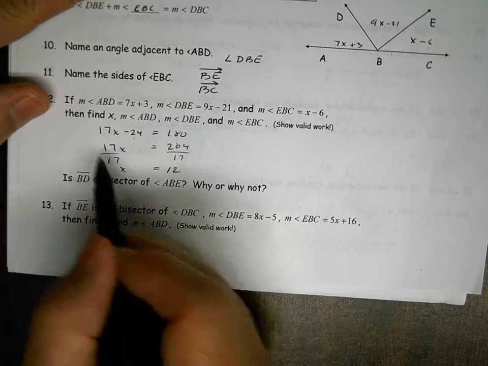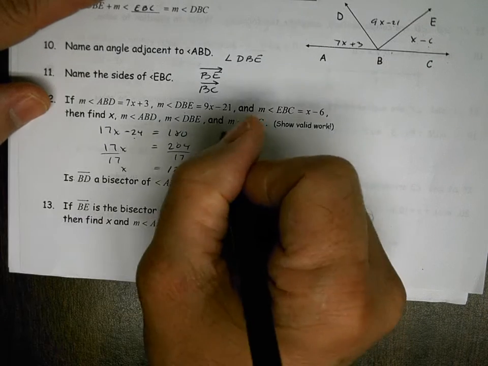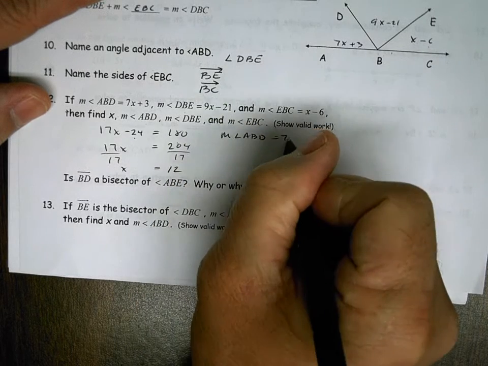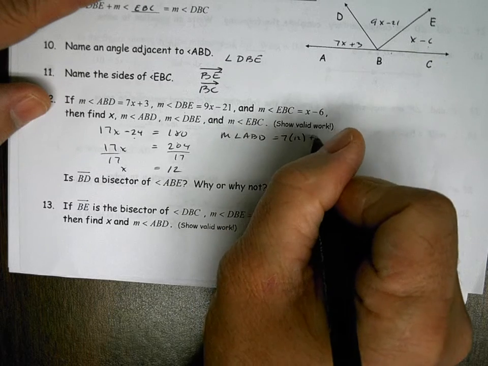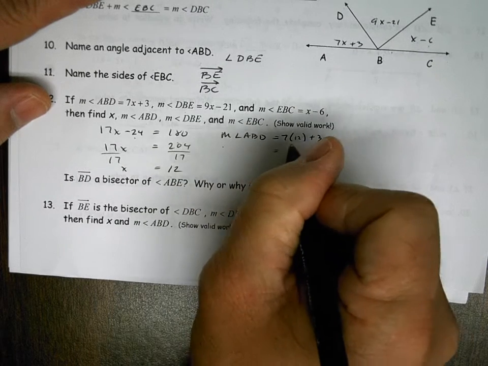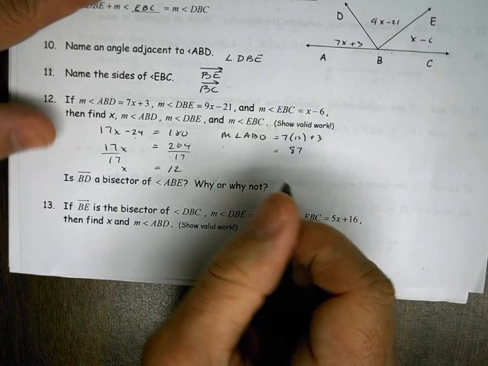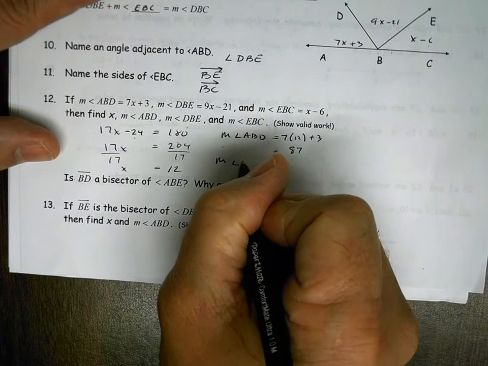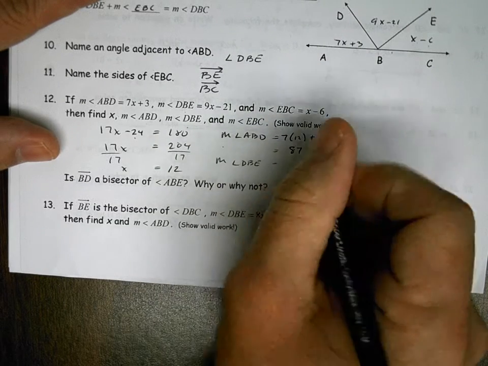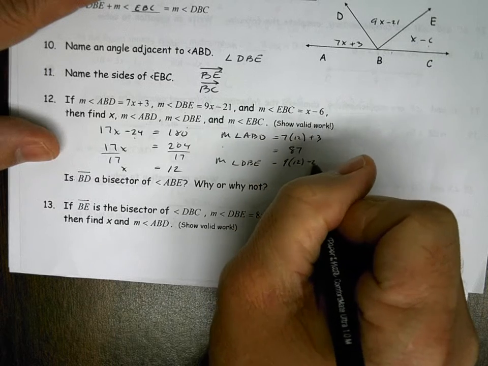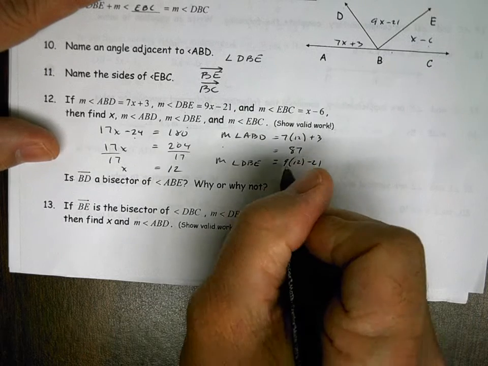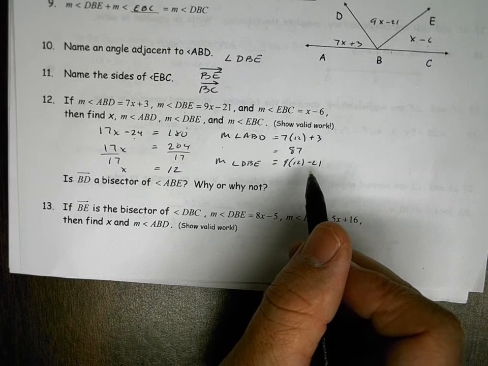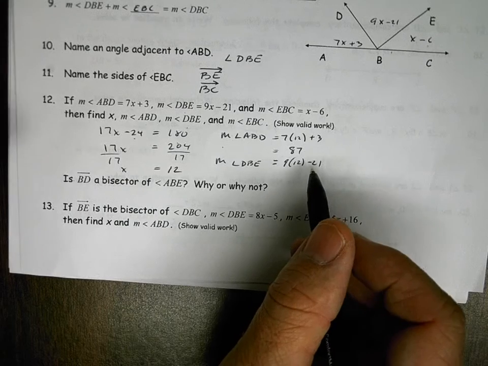Alright, so now that we have x, we can solve for the measure of angle ABD, which is 7 times 12 plus 3, which means it is 87. We can find the measure of angle DBE, which is 9 times 12 minus 21. 9 times 12 is 108. 108 minus 21 would be 87.